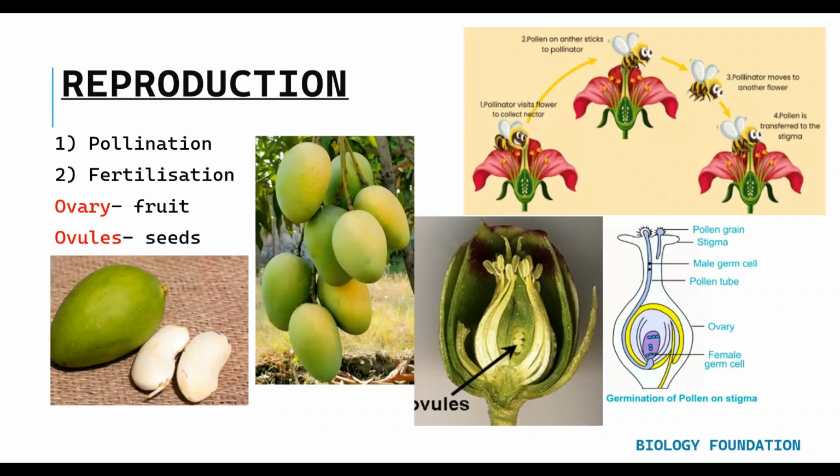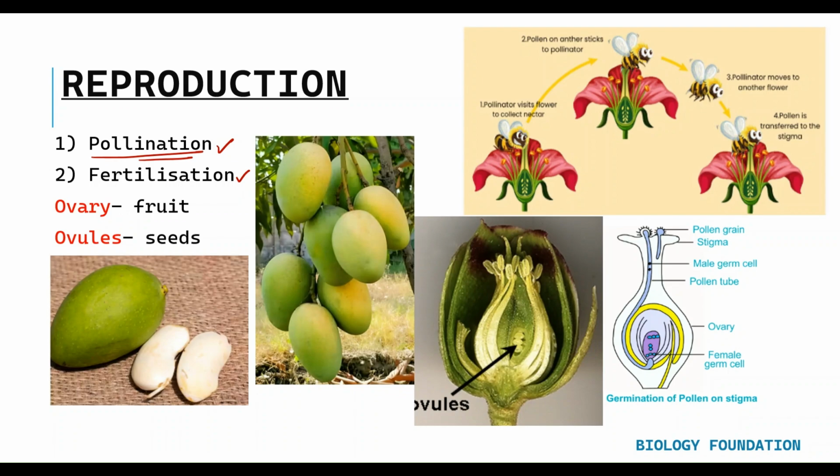Okay. So as I just told, reproduction consists of two steps. One is pollination and the second one is fertilization. Pollination is the first main step in reproduction. For successful reproduction to take place, pollination has to occur. What is pollination?